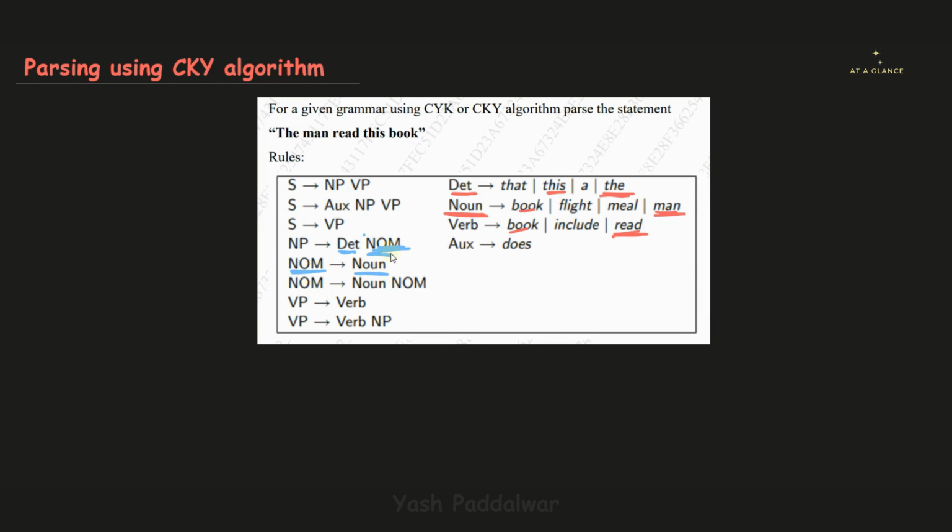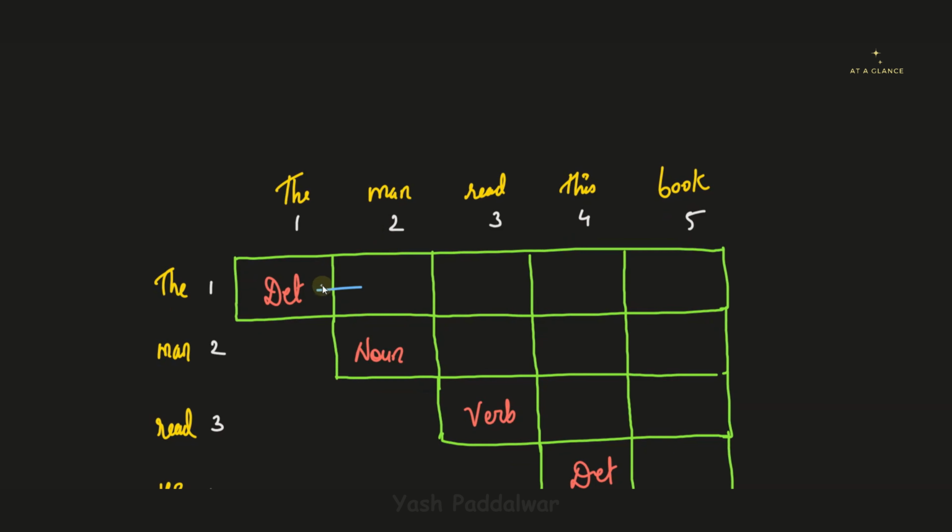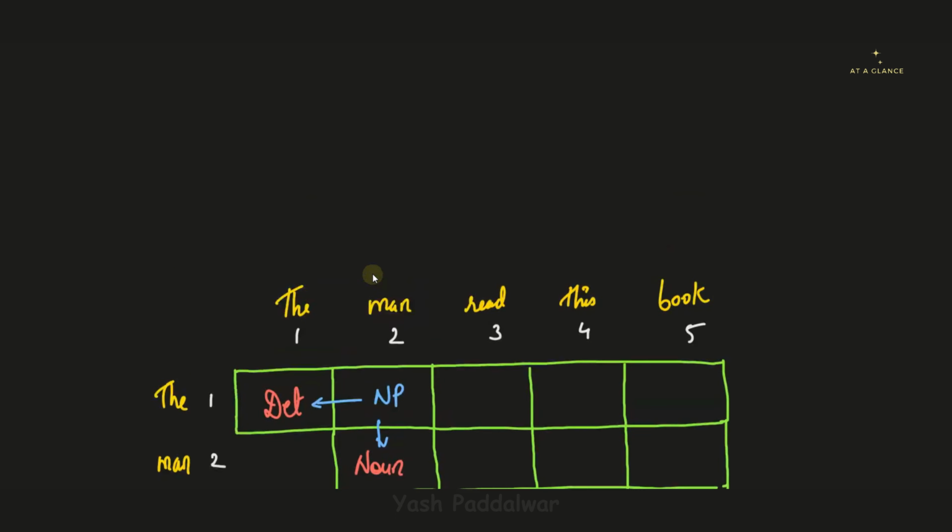So indirectly, nominal is pointing to noun. With determiner, we can write noun in place of nominal because nominal is nothing but noun. That is why these two appear together. And what is the rule? NP, that is the noun phrase, is nothing but determiner with noun. So these two leaf nodes can come together to form a non-leaf node, that is NP.